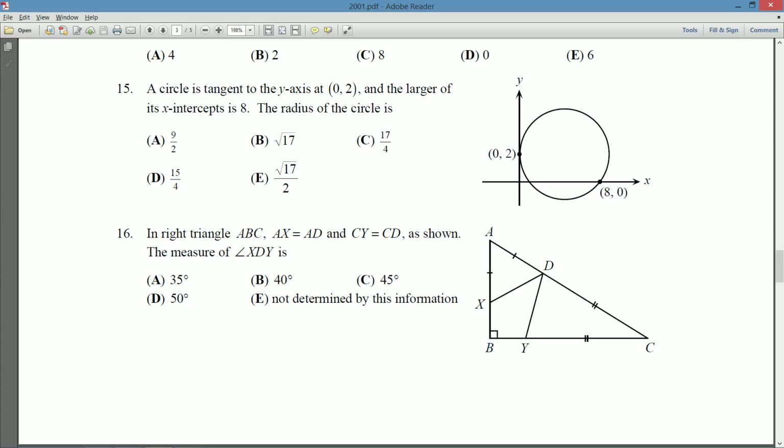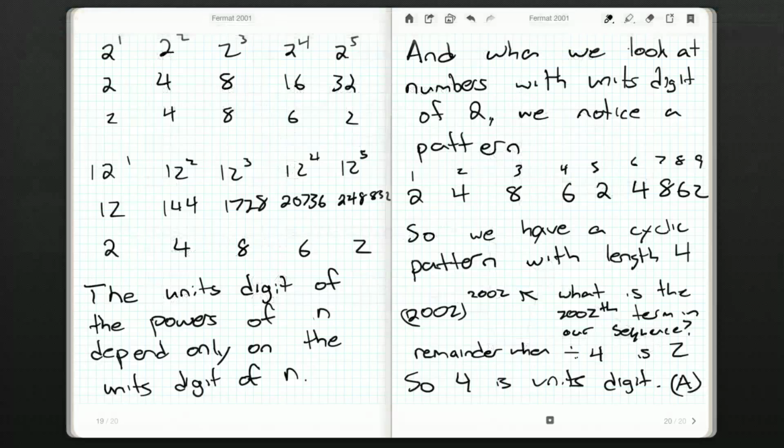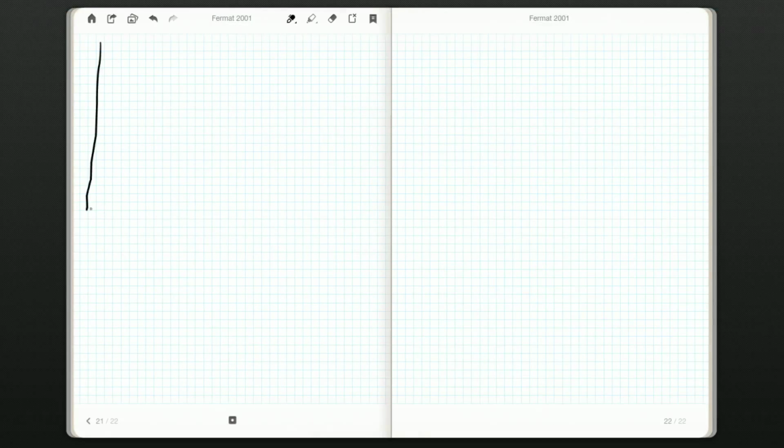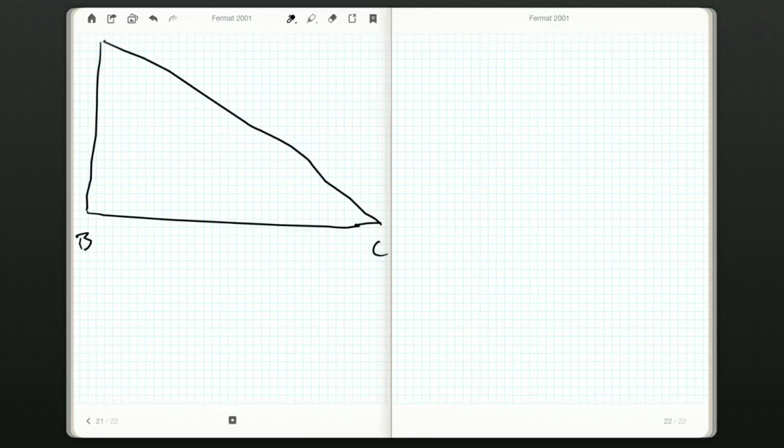Okay, so let's draw ourselves a picture. Let's get a fresh page, and we'll draw it nice and big so we can scuff it up with some math marks. C, B, A. We have an isosceles triangle here at D. That doesn't look isosceles, we'll draw that a little better.